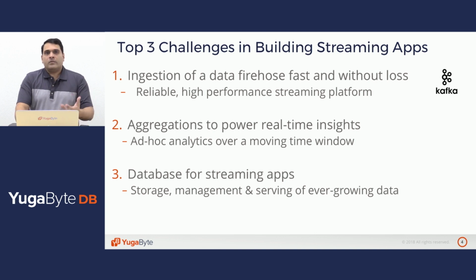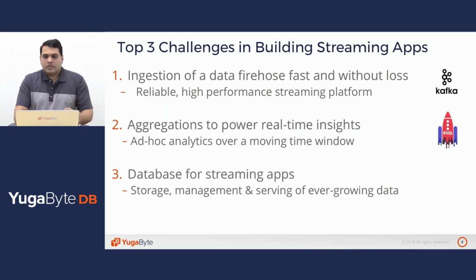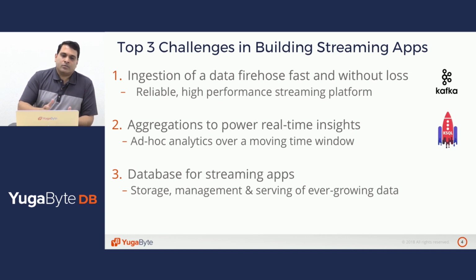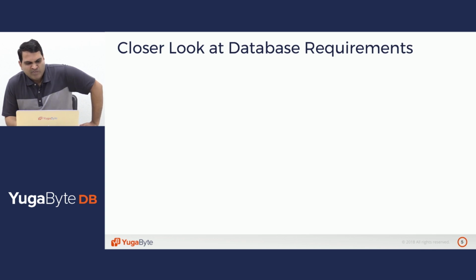And on top of that, they came up with KSQL, a real-time streaming analytics engine, over the past couple of years, which is really thorough in giving different types of aggregations and doing modifications and transforming the data to perform the analytics on top. So these are the two de facto industry standards. And coming to the database for streaming apps, what is the backend that you use for it? That's the big question, and let's dig deeper into that aspect of things.